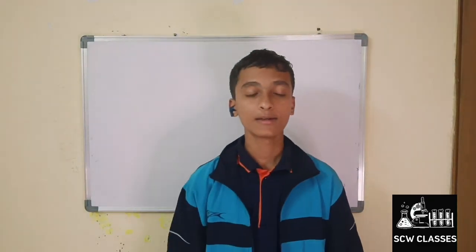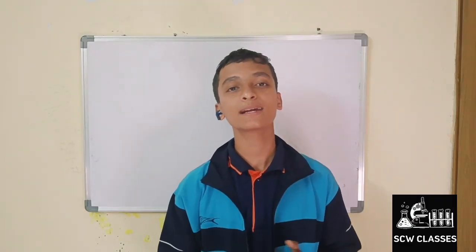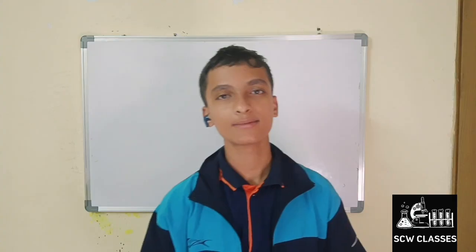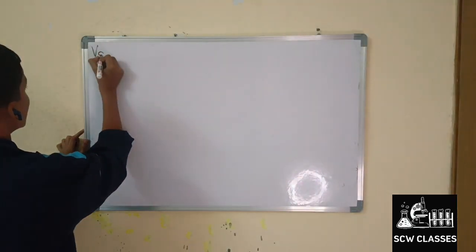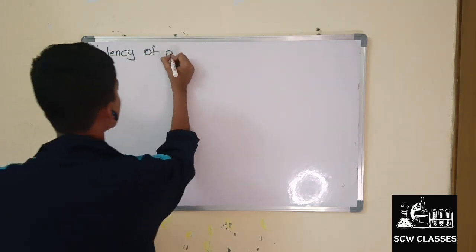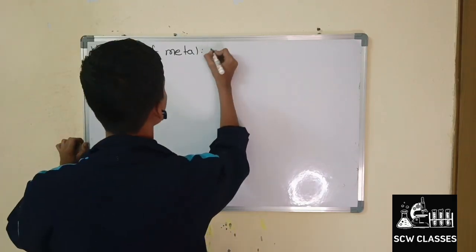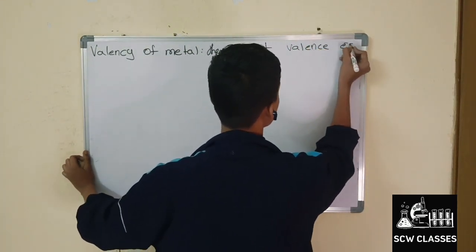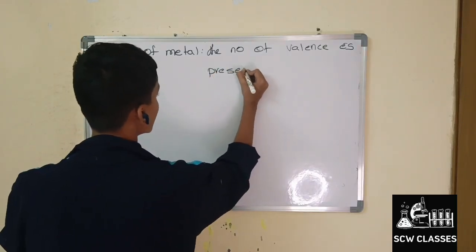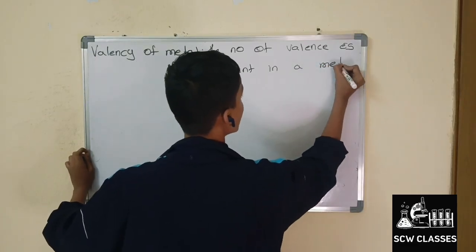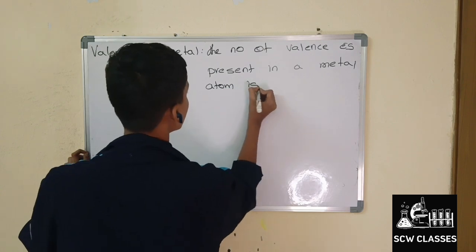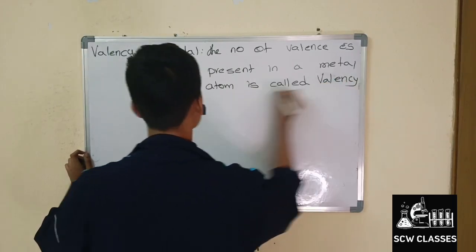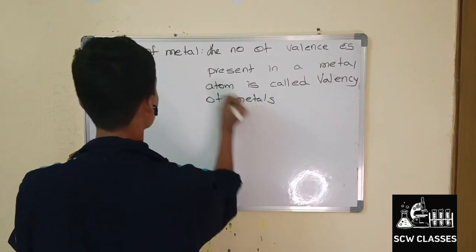Definition of valency of metals: the number of valence electrons present in a metal atom is called the valency of metals. Clear?